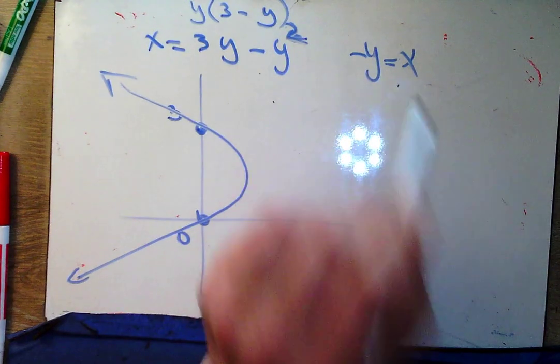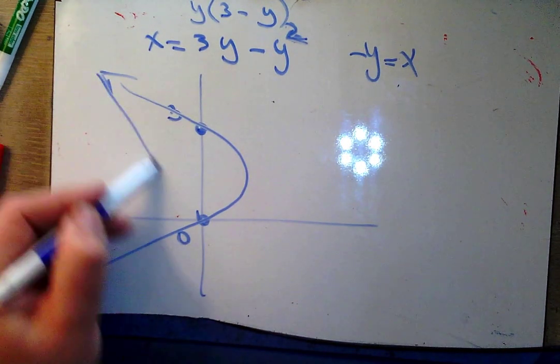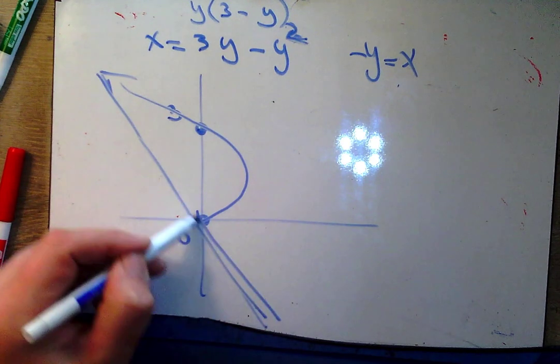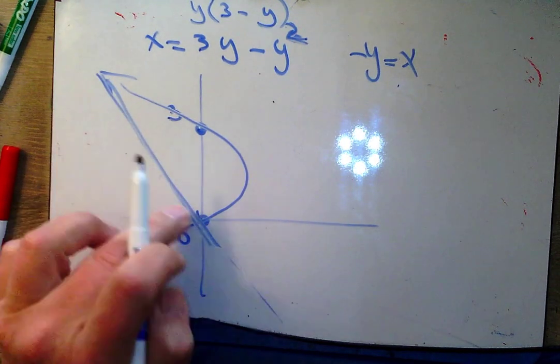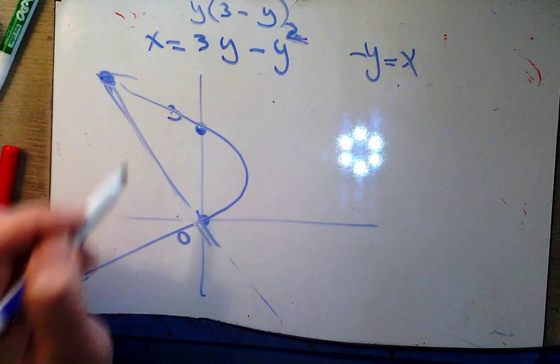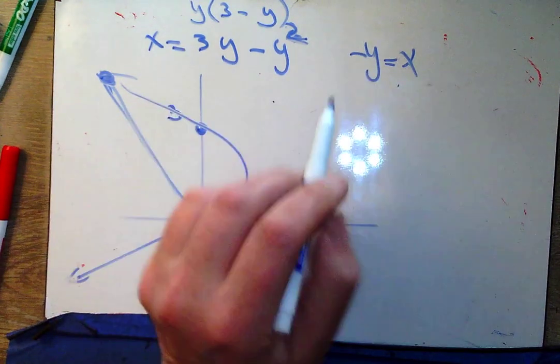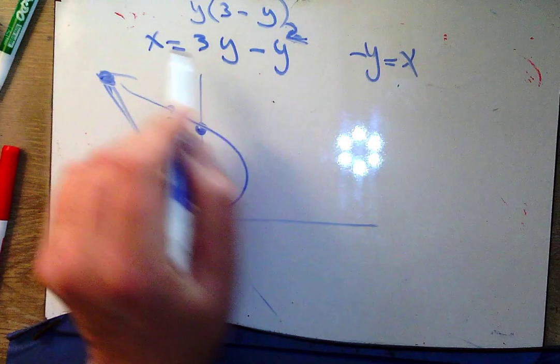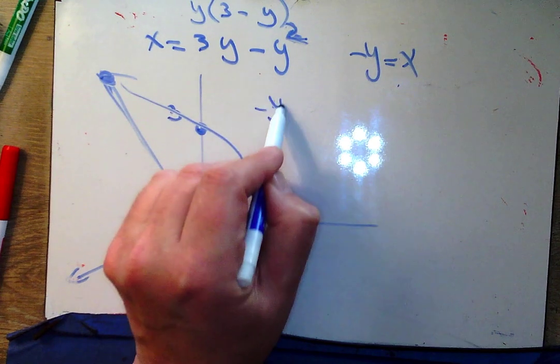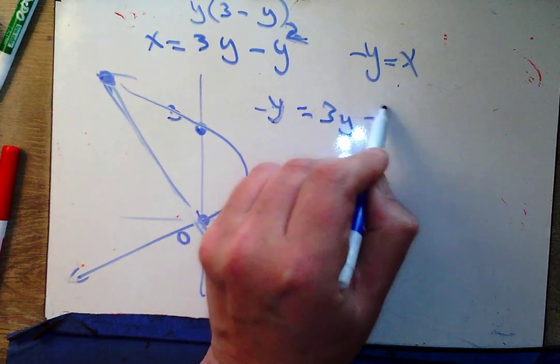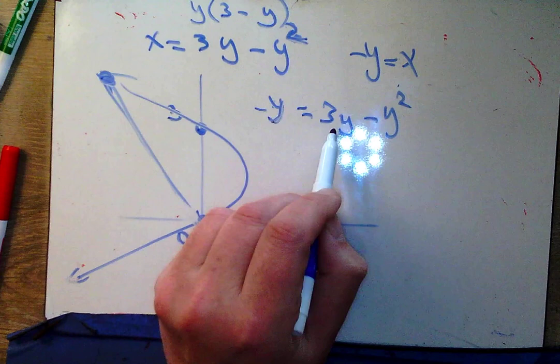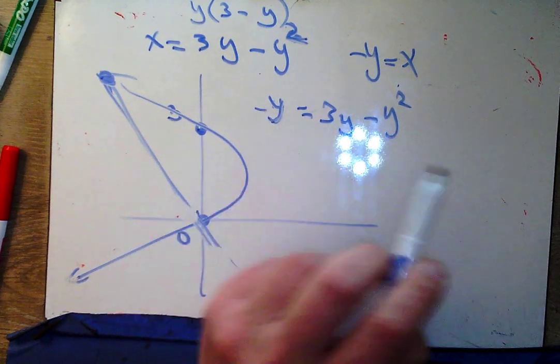Now over here we have x equals negative y. So there's x equals negative y. And I guess there's some point of intersection over here. I wonder when these two intersect. Well, they're both equal to x, so I can set them equal to each other. 3y minus y squared equals negative y. Please do not subtract this from both sides.